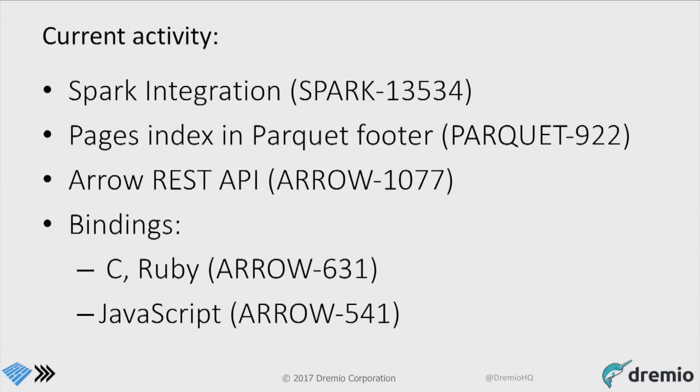The Arrow REST API is being defined, so if you want to chime in on this ticket, all the metadata is defined. It's just about how we define the encapsulation for those messages. The bindings are making progress as well. Some people are very interested in having a JavaScript implementation so that you can have a backend that serves Arrow, and they can do a lot of computation in the browser.